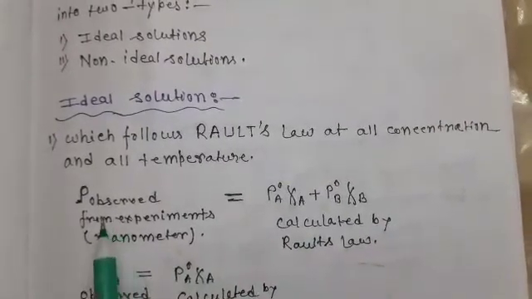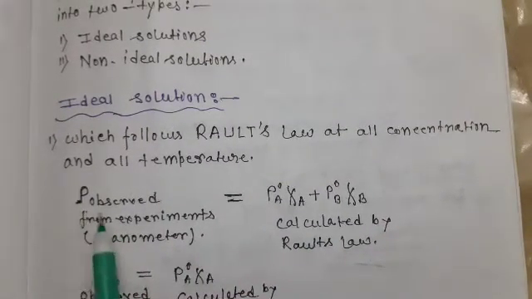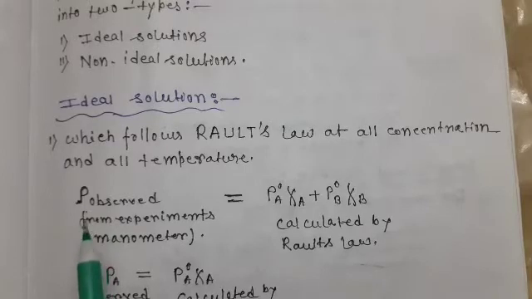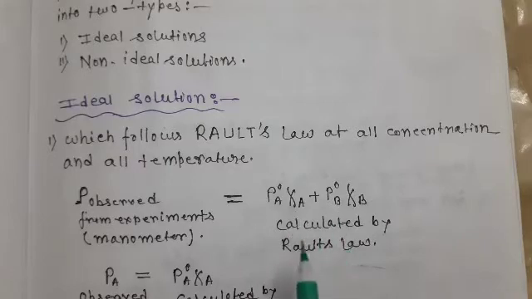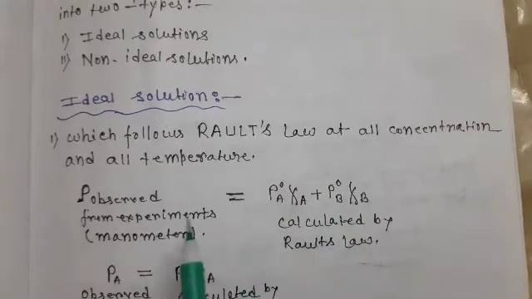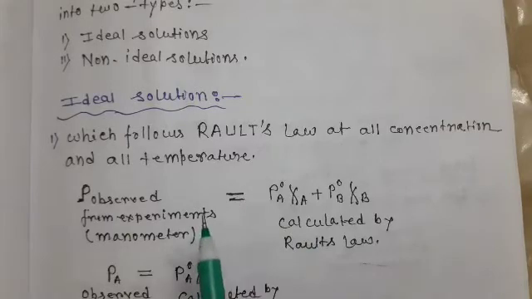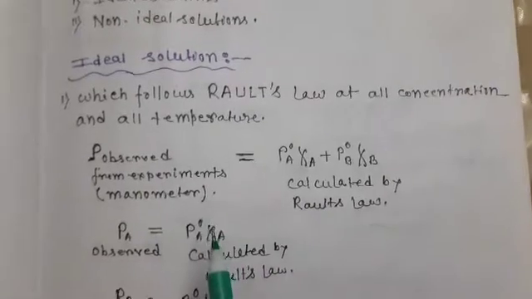The observed vapor pressure of a solution, the P observed from experiment by manometers, is equal to the vapor pressure calculated by Raoult's law: P naught A zeta A plus P naught B zeta B. If the observed and calculated vapor pressures are equal, then it is an ideal solution.